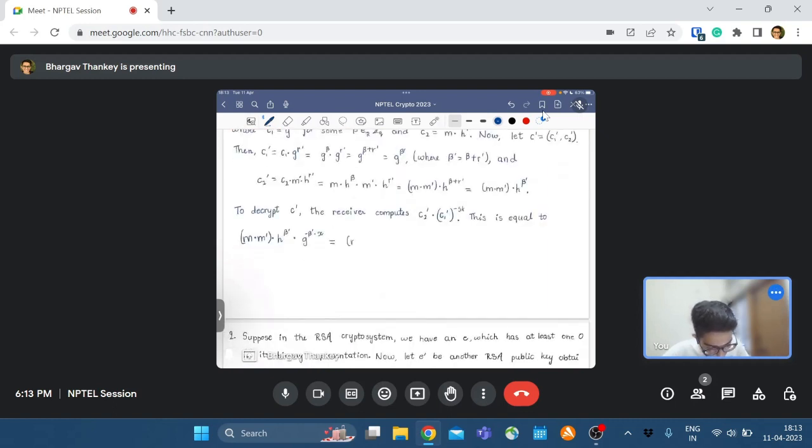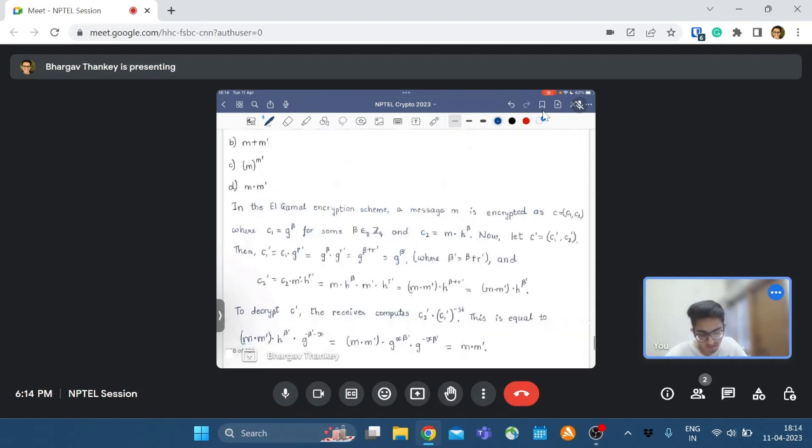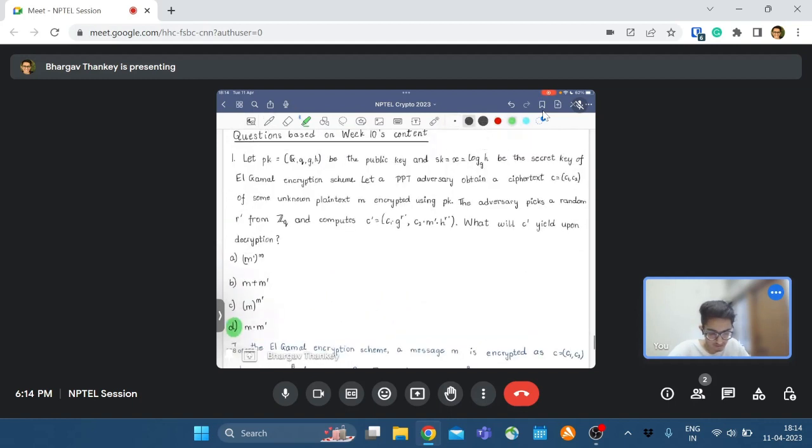So this is M times M' times g to the x beta' times g to the minus x beta'. These two are inverses of each other. So this gives us M times M'. So the decrypted message is option D, M times M'. So that's the first problem.